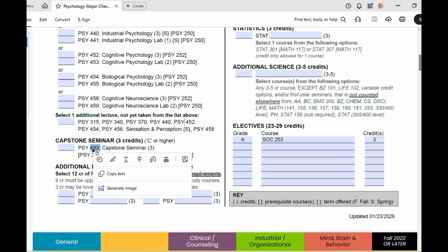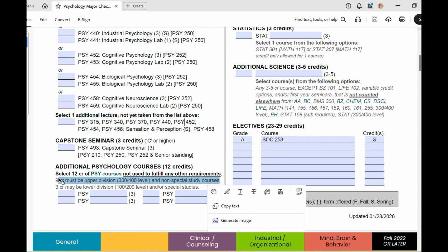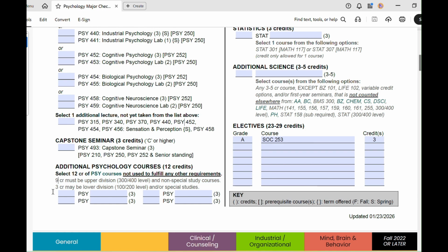Your senior capstone cannot count for this section. Okay? So for these 4 psychology electives, please note 9 credits or 3 of these courses must be upper division and non-special study. What that means is you will be choosing 3 300-400 level regular psychology elective courses.